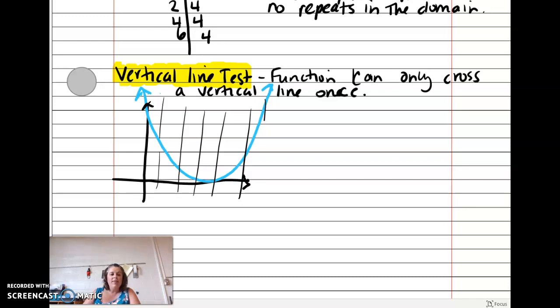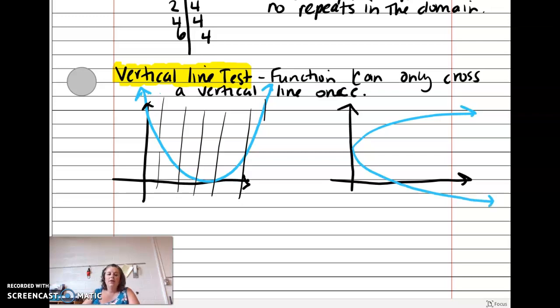But if I flip this and have this graph go the other way, let's say I do something like this. And I look at this vertical line anywhere, if I can put it anywhere and my blue line hits this black line twice, this is a no-go.